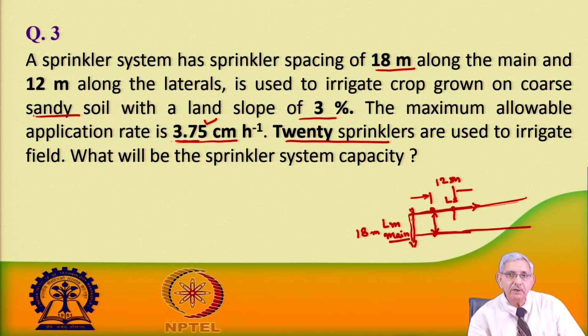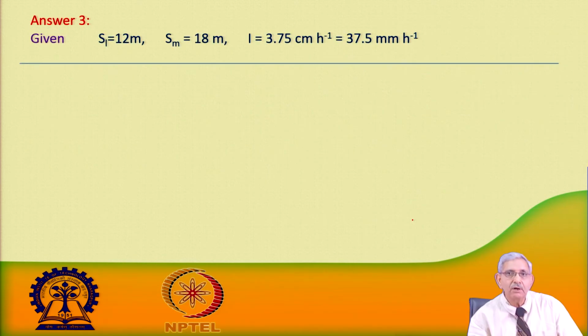So, this way we will be calculating. We are given information: S L, that is the spacing of the sprinkler along the lateral, is 12 meter, S M is 18 meter, application rate I is 3.75 centimeter per hour or 37.5 millimeter per hour.